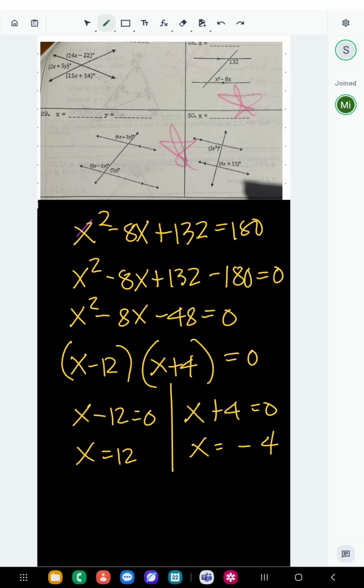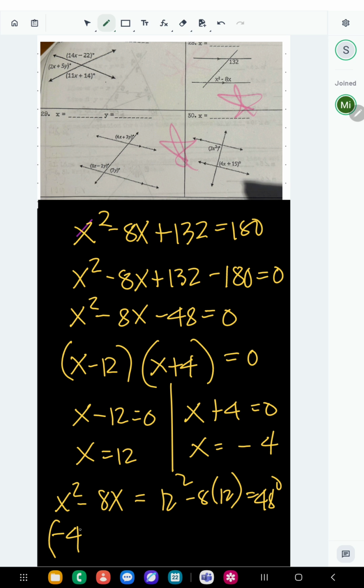So we plug in to x squared minus 8x. So 12 squared minus 8 times 12. 144 minus 96. So this is 48 degrees. How about the other one? Negative 4 squared minus 8 times negative 4.